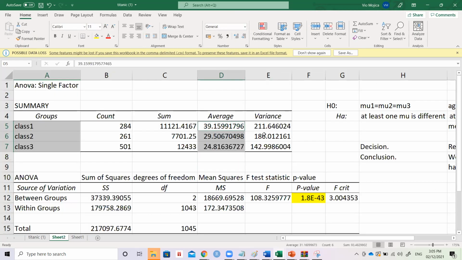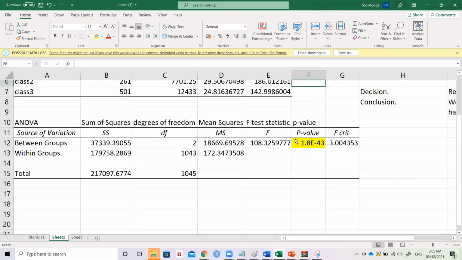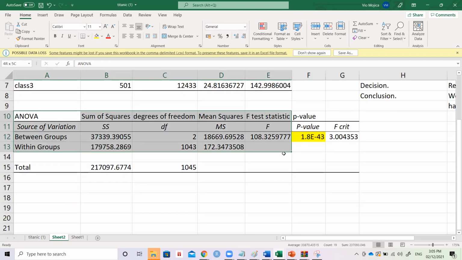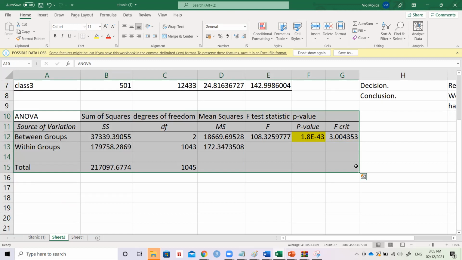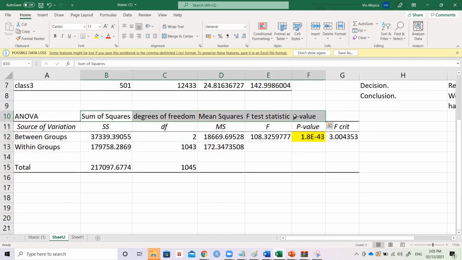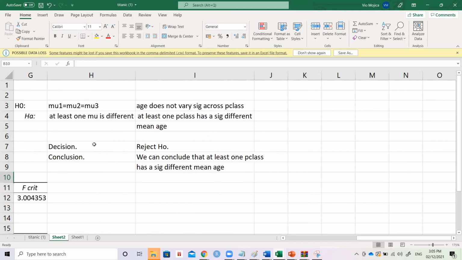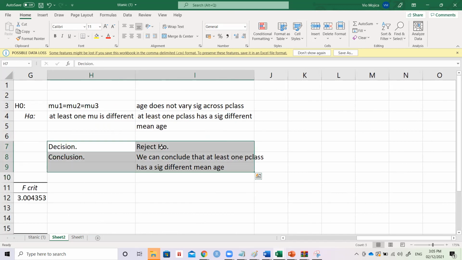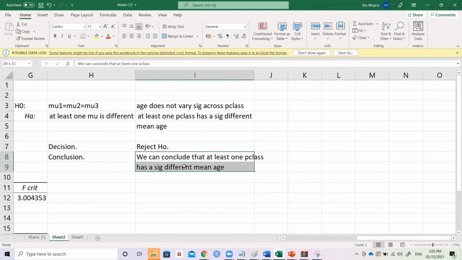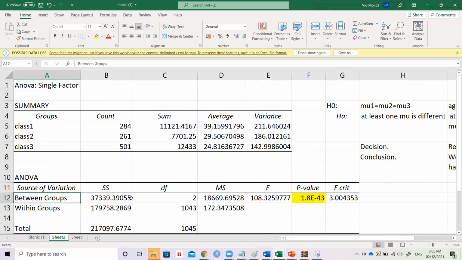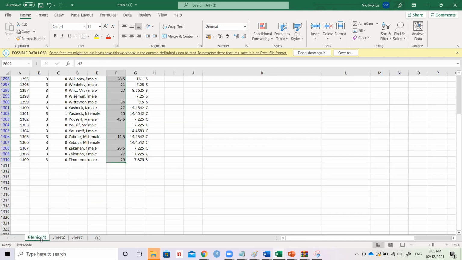At least you have to know how to produce this ANOVA table using the data analysis tool pack, and how to interpret it. Reject H0, we can conclude that at least one passenger class has a significantly different mean age. So okay, next.